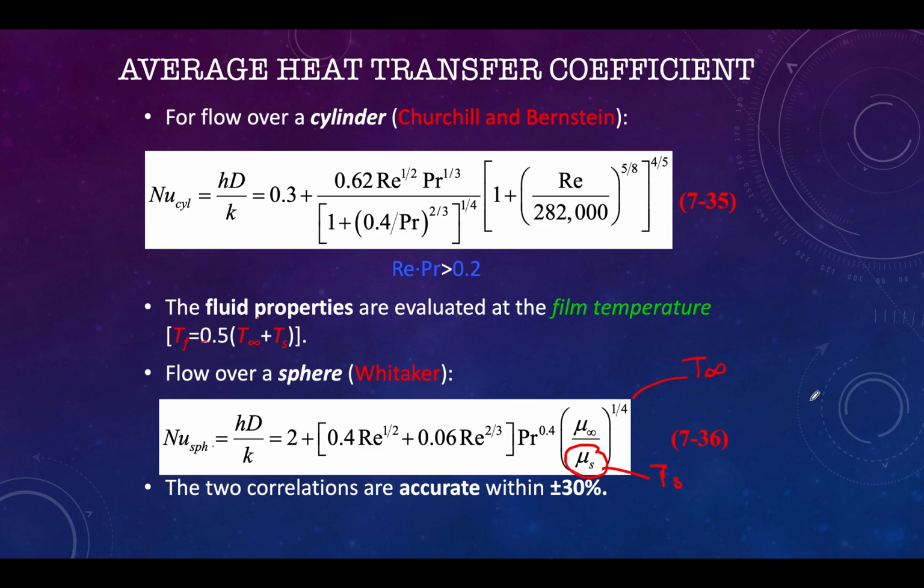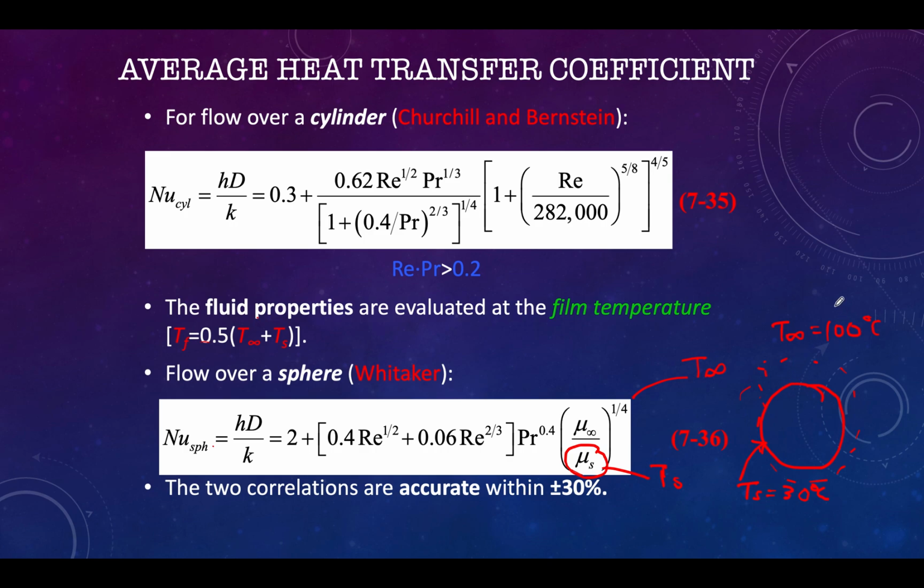For example, if you have a sphere and the fluid outside, T infinity is 100 degrees Celsius and T surface is 30 degrees Celsius.